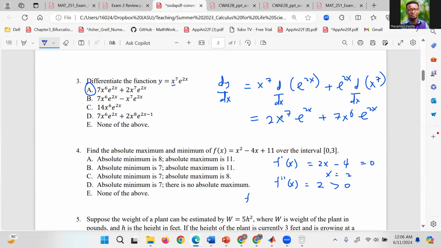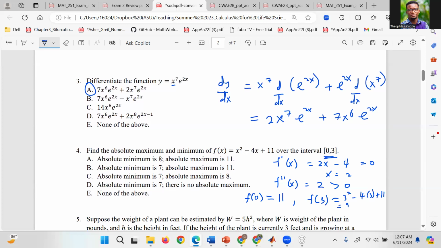But then remember that we also have to consider the range. So we plug in 0 into the main function and you will have 11. And when you plug in 3 in the main function, you're going to have 3 squared minus 12 plus 11.